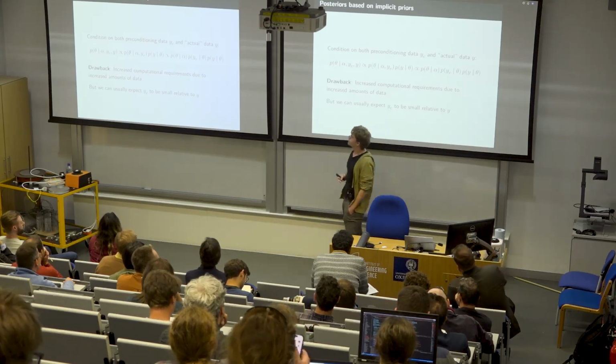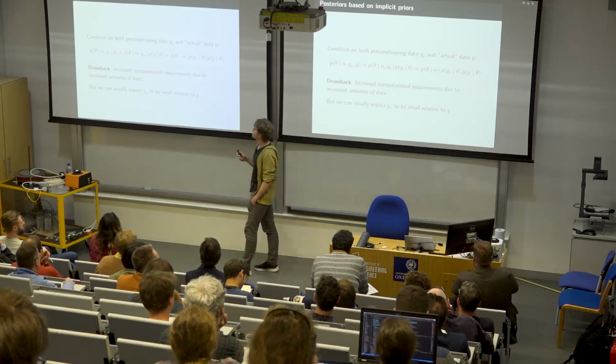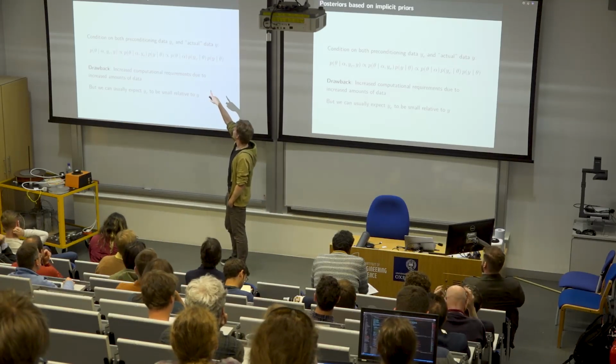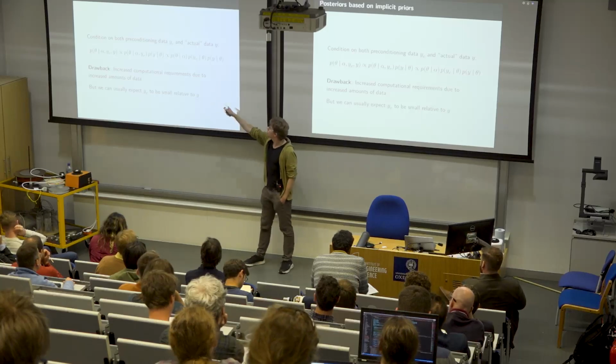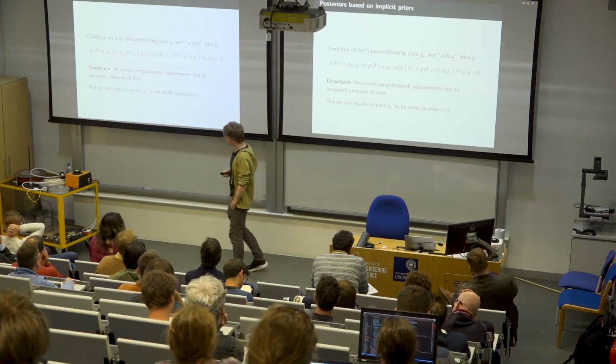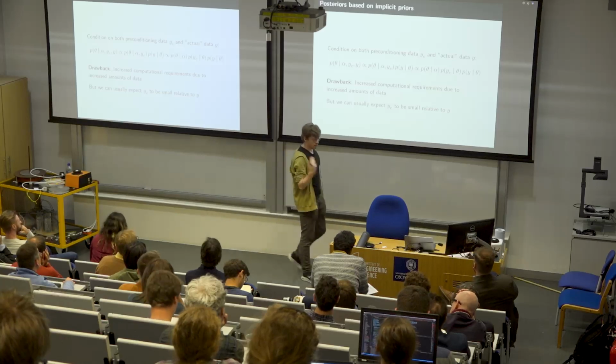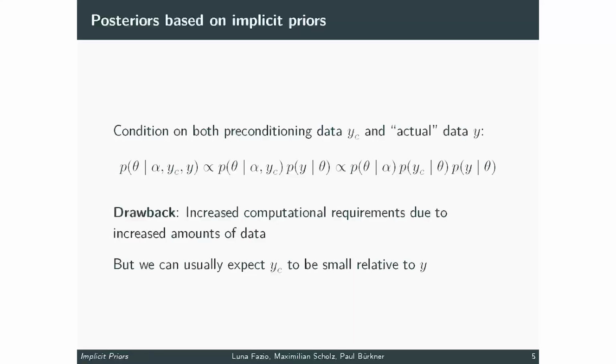So if we want the posterior based on our preconditioning prior, all we have to do is take our original prior, then the likelihood from our preconditioning data, and the likelihood from the actual data. Yeah? So we never need to explicitly represent this preconditioning prior. We just add a tiny bit of computational requirement by having a tiny bit more data in our Stan model.